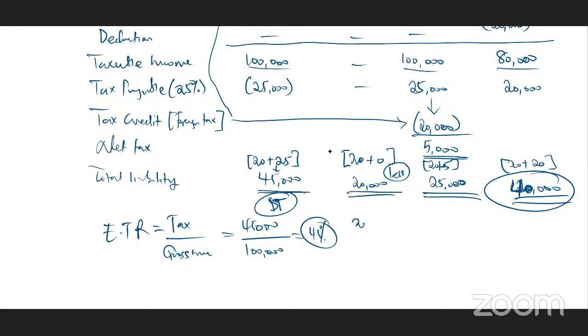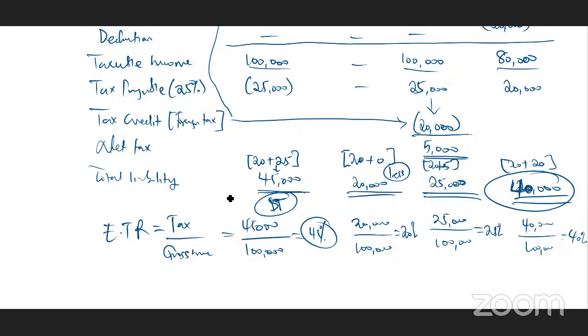The total tax of 20,000 over the overall income of 100,000 is about 20%. Here, a total tax of 25,000 over the 100,000 is about 25%. And here, it is 40,000 over the whole 100,000, which is equivalent to 40%. So looking at all the reliefs, which one has the highest effective tax rate?